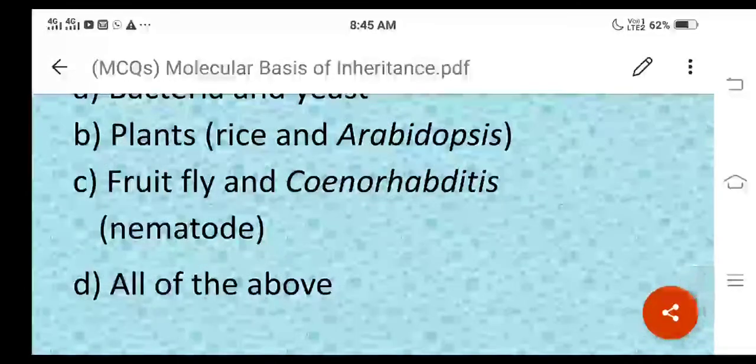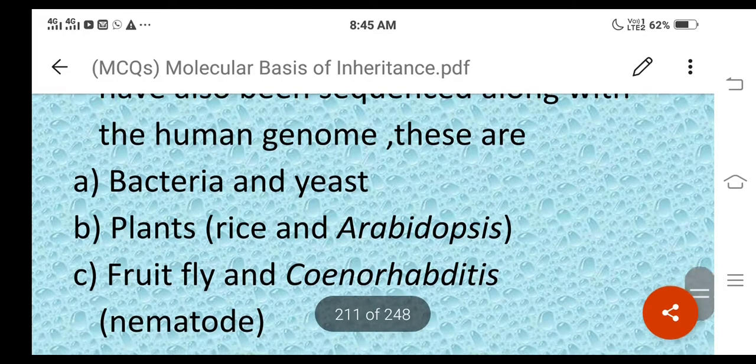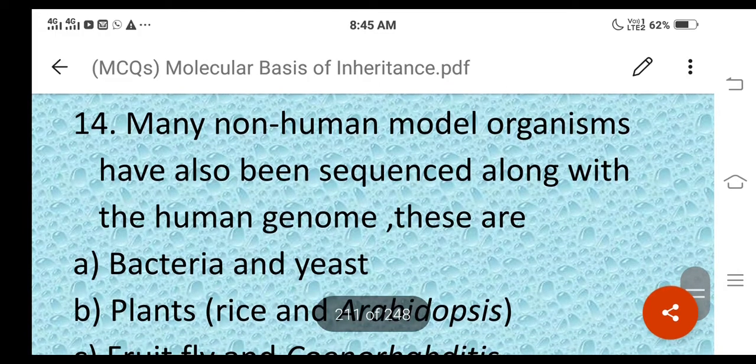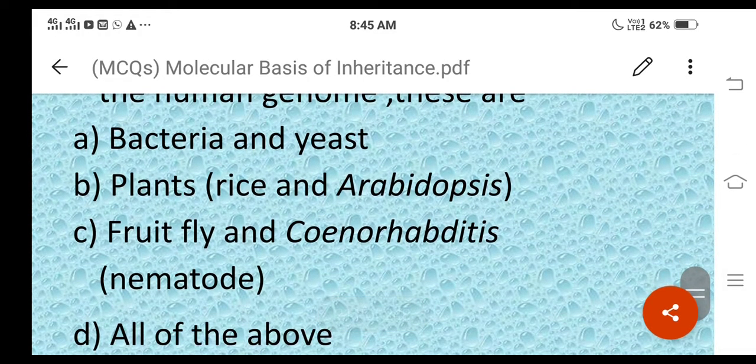In all these organisms the genome is sequenced, like that of human beings. All these examples are considered non-human model organisms because they also show some economic importance. Because of this, sequencing has been done in all these organisms. So option D is the right answer.